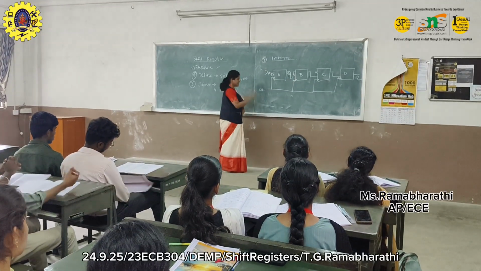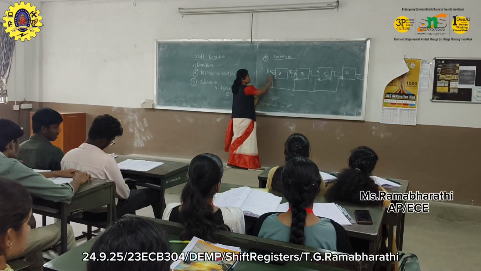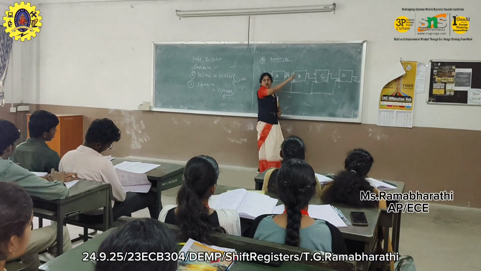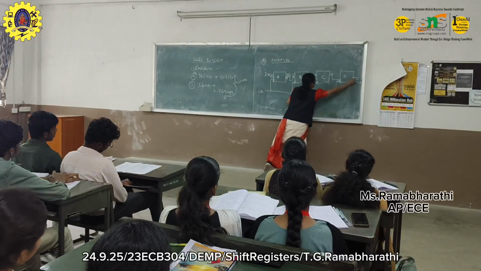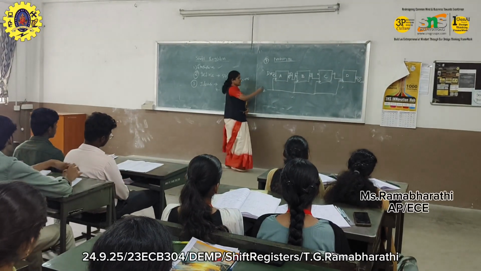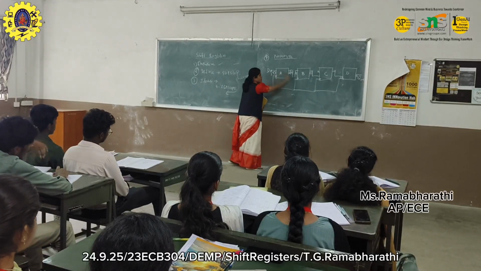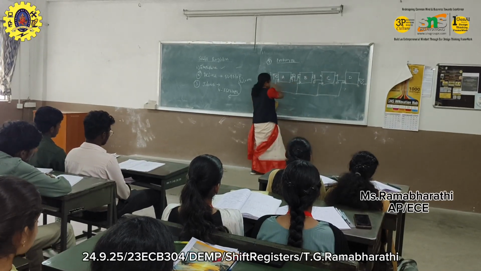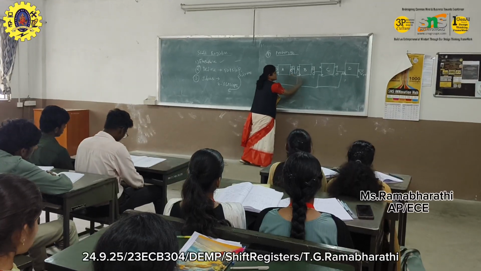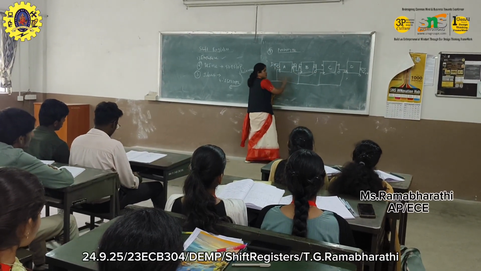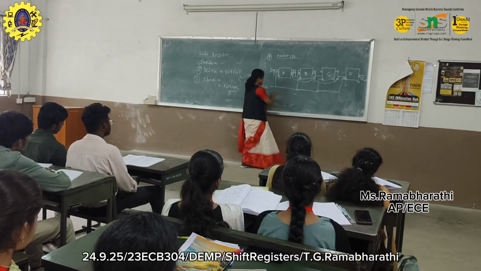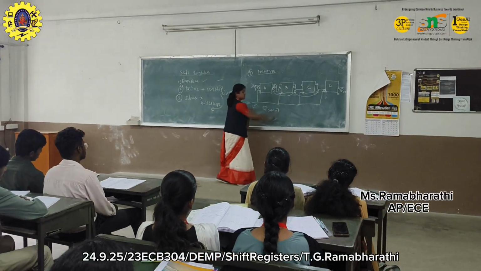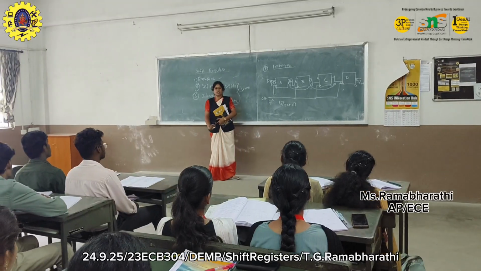First we reset all the values, so all bits are 0. For the next clock pulse I give 1, so the output is 1 here, and the rest are 0, 0, 0. After the next clock pulse, this 1 is shifted to the next flip-flop, and after the following pulse it shifts again. After the 4th clock pulse, Q out will be 1. So this is the concept of shift register.